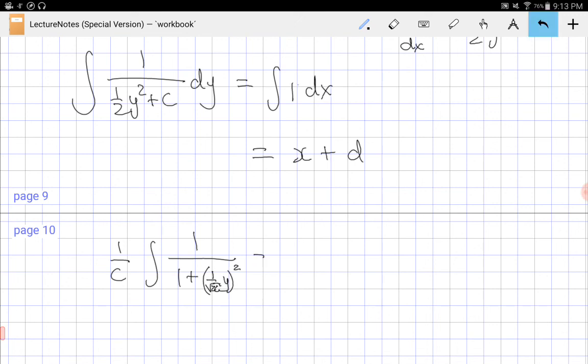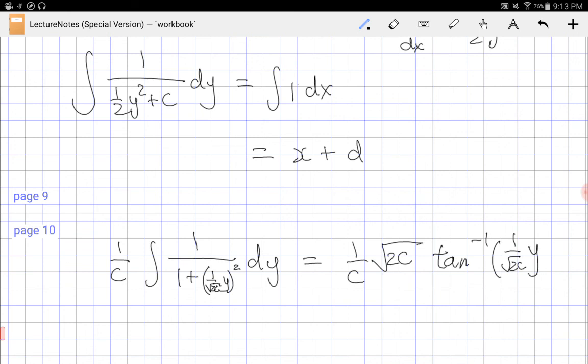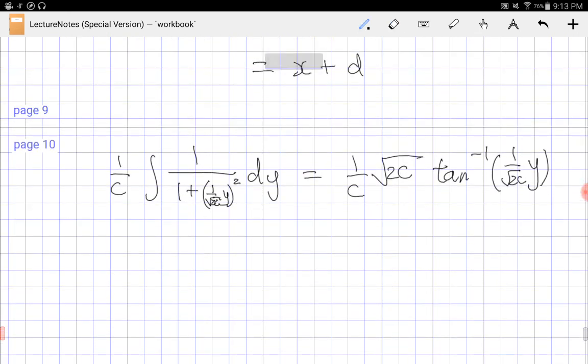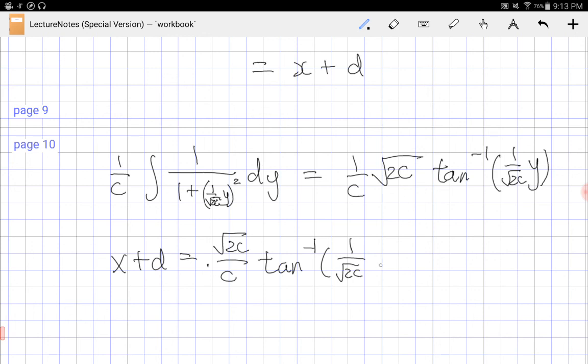And we know that this is equal to 1 over c times the square root of 2c by chain rule of arctan of 1 over root y. So our final solution is x plus d equals root 2c over c times the arctan of 1 over root 2c y.